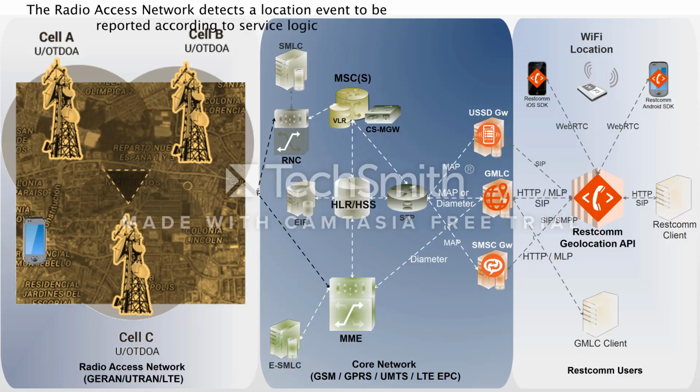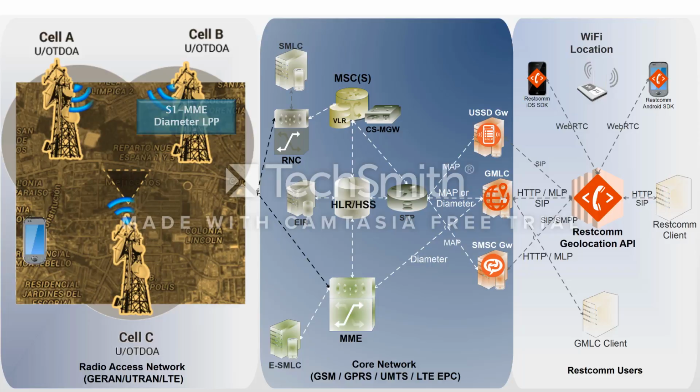So let's imagine that the radio access network detects a logic event to be reported according to the service logic. For example, the user equipment went out of the geofence range. So something will happen here. The eNodeB gets a Diameter command, and that goes back to the GMLC.